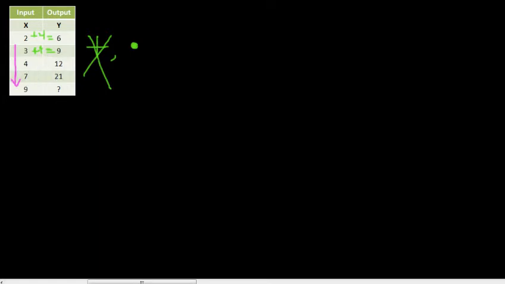Okay, let's try something else then. We've got multiplication we've got to try. 2 times blank equals 6. Well, 2 times 3, right? So let's try 2 times 3 equals 6. That's a true statement. What about 3 times 3 equals 9? That's a true statement. What about 4 times 3 equals 12? That's a true statement. And 7 times 3 equals 21. That one's true.